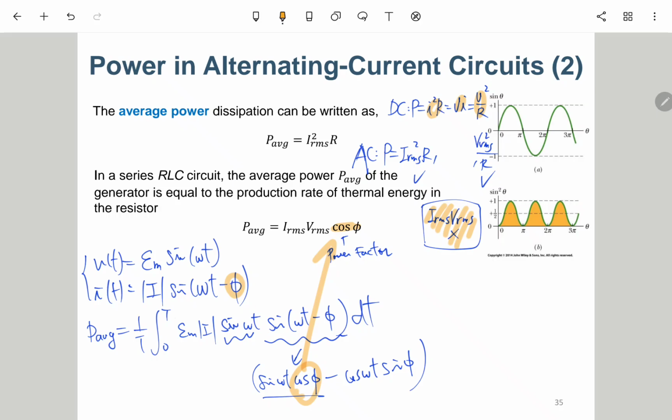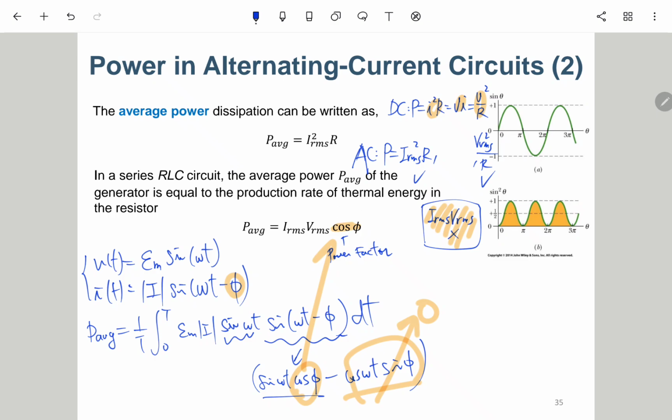Integrating it becomes 0, so this term will vanish. So as long as V and I are not in phase, we only have this power factor cosine of phi here. If you would like to use I RMS times V RMS, then we need this factor.